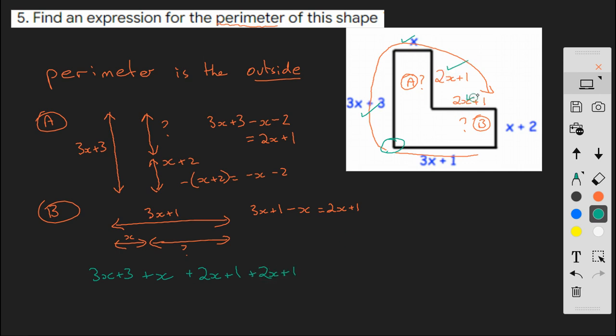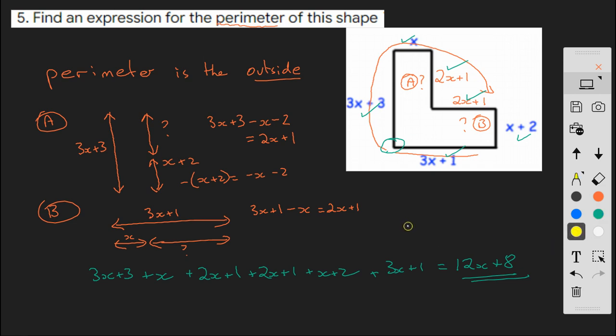So I've done that side, plus x plus 2, and plus 3x plus 1. So I've done all of those, got lots of x's to add up. 3, 4, 5, 6, 7, 8, 9, 10, 11, 12, 12x, plus 3, 4, 5, 6, 7, 8. So I have 12x plus 8.